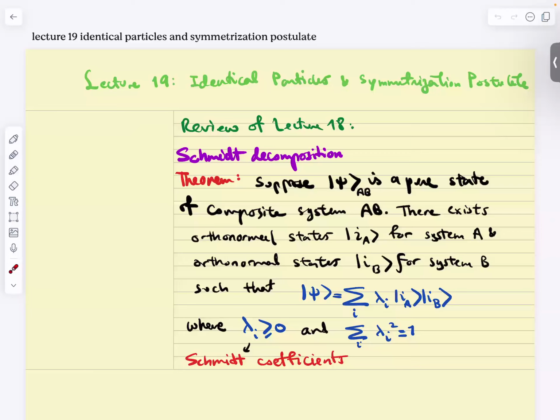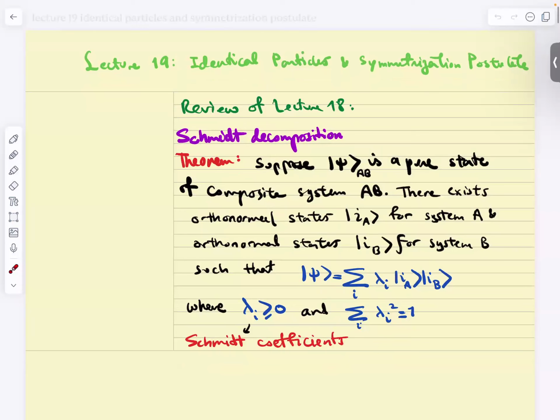So, review of lecture 18. We talked about two tools in quantum mechanics, the Schmidt decomposition and purification. They're intimately related.